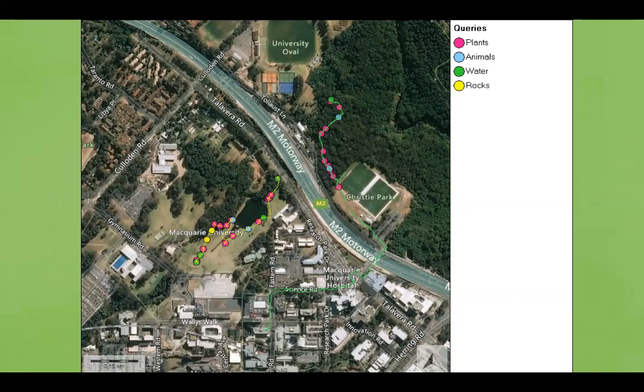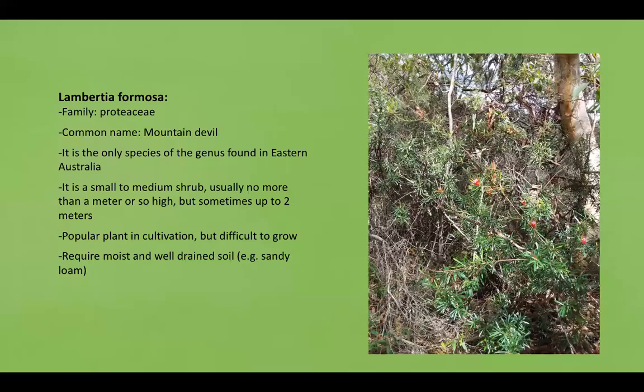Then I will talk about some examples of biocultural values in this region. This one is Lambertia formosa, which belongs to the Proteaceae family. The common name is the mountain devil. It has linear-shaped leaves, 0.3 millimeters wide by about 50 millimeters long with a sharp tip.